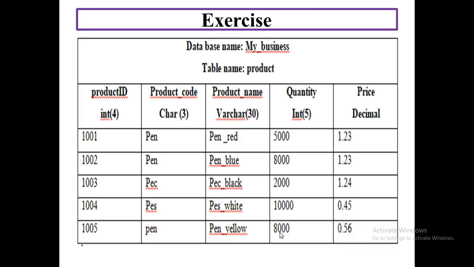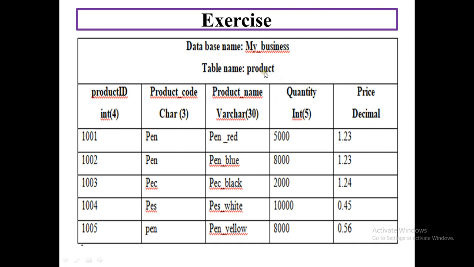This one is your exercise. So I hope you are going to do this one. Create a database named my business, and then for this database create one table, and the name of this table is product.